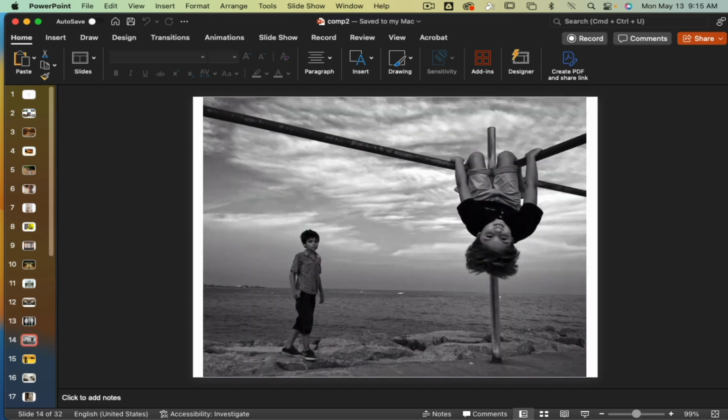Leading lines. Now this is where you're using the actual objects in the environment to point the eye. Okay, so we have leading lines pointing at this figure right here.